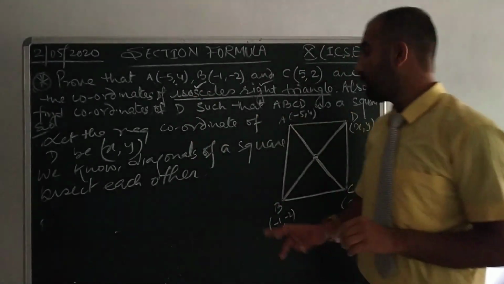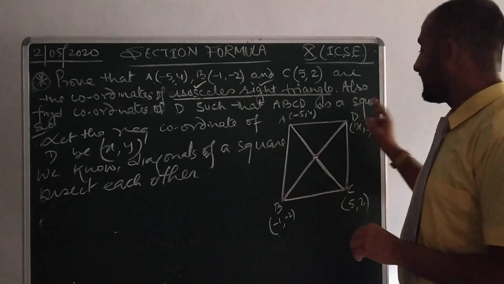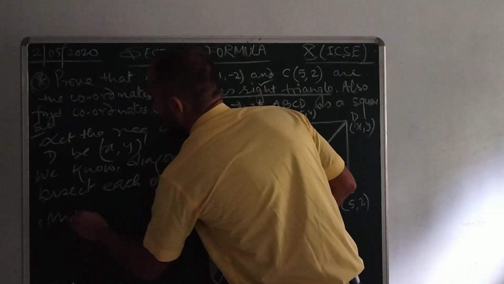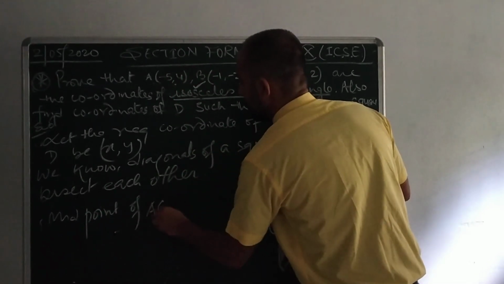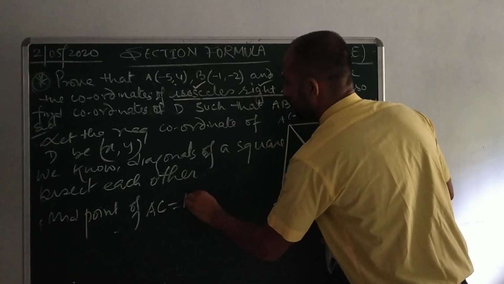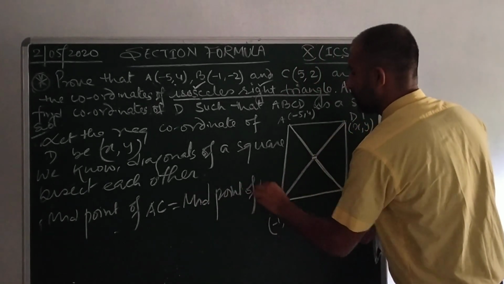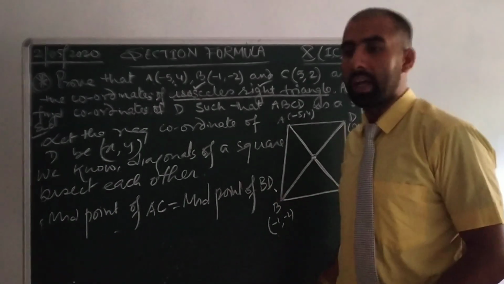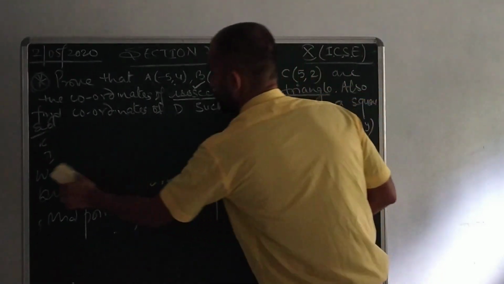That means the midpoint of AC and the midpoint of BD are equal, so midpoint of AC equals midpoint of BD. In my last video we did the midpoint formula, so I'm going to use the midpoint formula here.